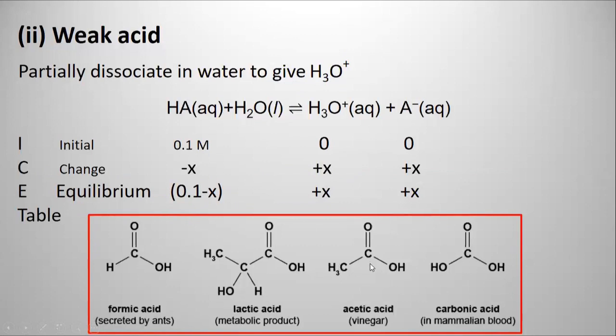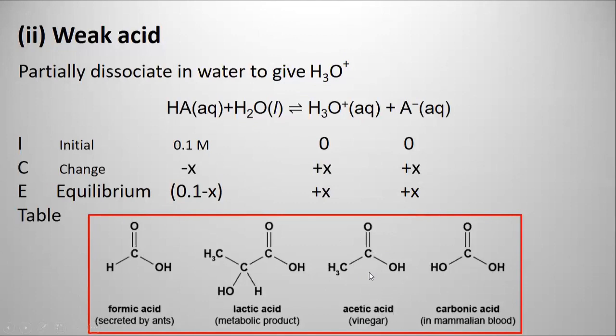Here are some of the weak acids. And if you look at them, you're familiar with them, they all have this carboxylic group, COOH. These are acids that we are familiar with. This is formic acid. This is lactic acid, which is produced by metabolic products. And this is acetic acid, which we use, again, in small percentage in vinegar. So vinegar contains 6% of this acetic acid.